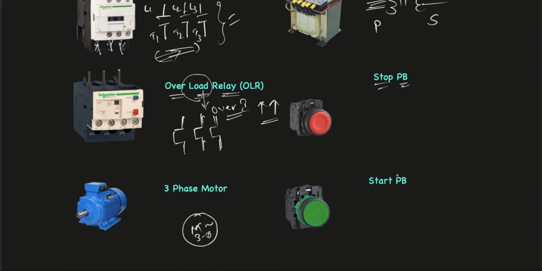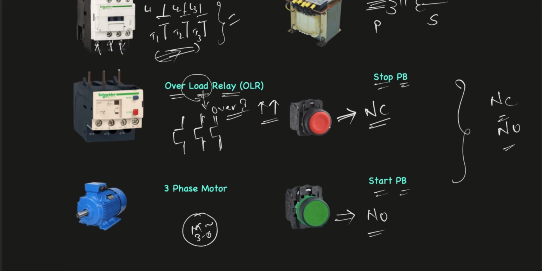The stop push button and start push button are basically NC and NO contacts. The stop push button is always a normally closed contact, that is an NC contact, and the start push button is always a normally open contact.